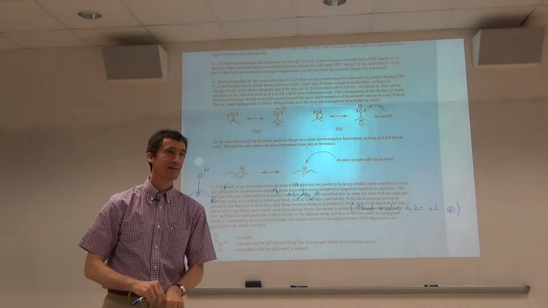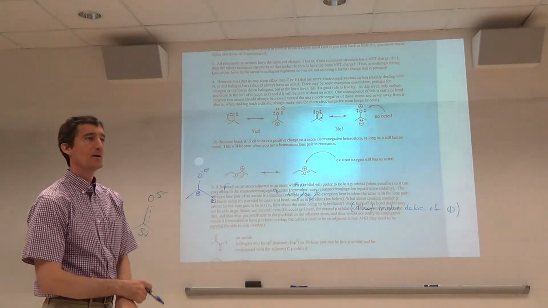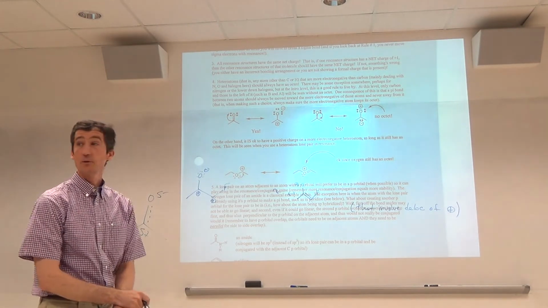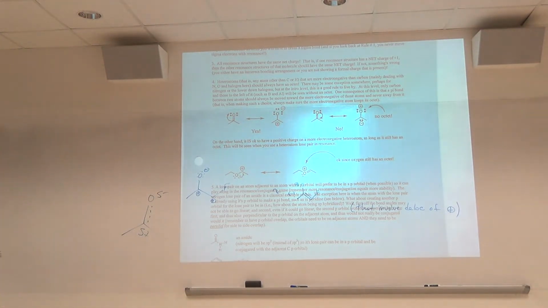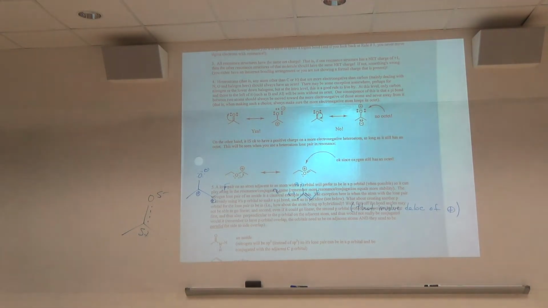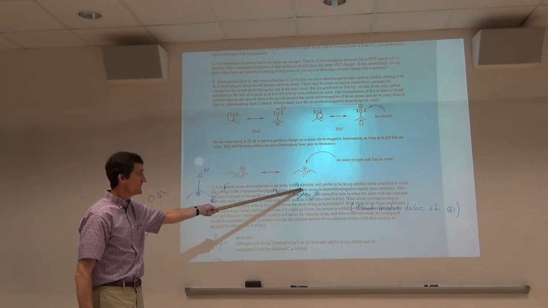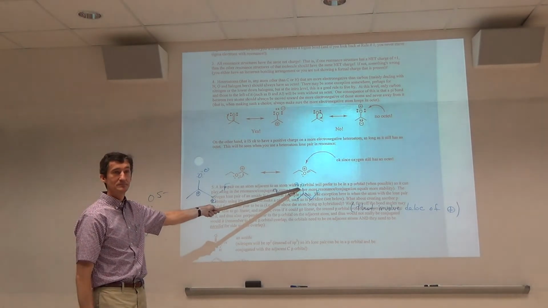You tell me if it was wrong before I did it. What was rule number 4? Don't break octet. Heteroatoms, especially electronegative oxygen, nitrogen, fluorine, chlorine, should always have an octet. Does that oxygen have an octet there? No.